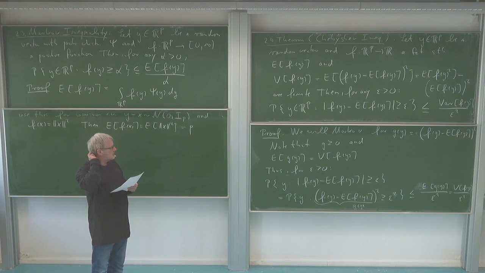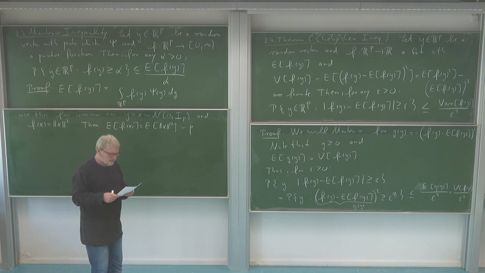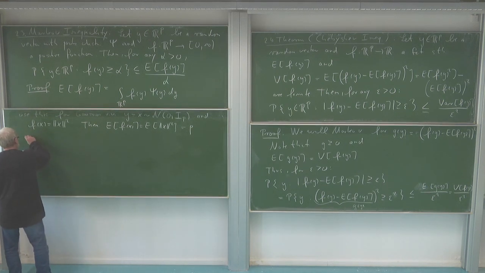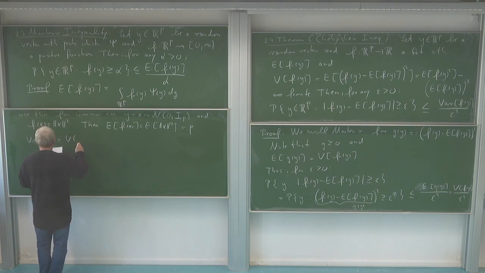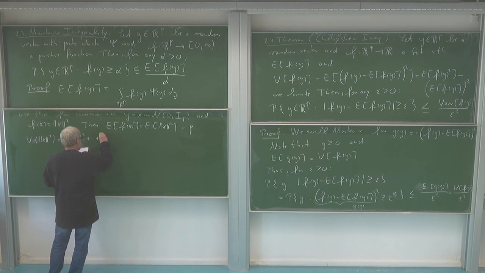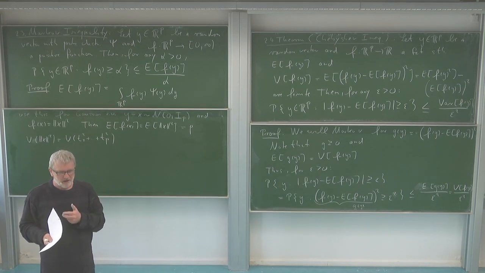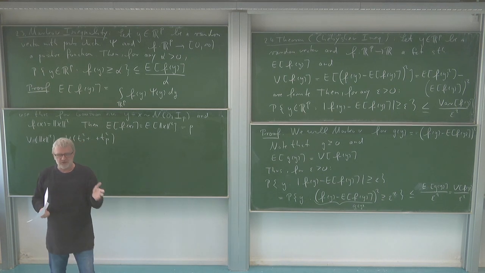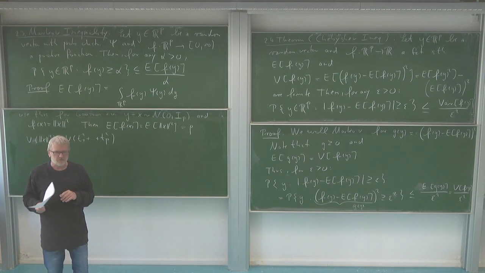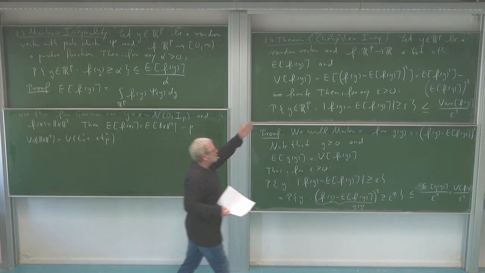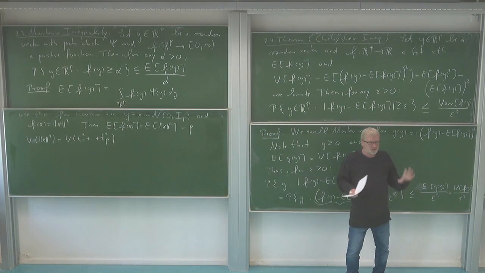So the expectation of this is p, and we want to compare what this is. Okay, and we can use Chebyshev if we can calculate the variance of this guy. So the variance of the norm of x squared. This is as before the variance of the sum of t1 squared up to tp squared. Now we can use the fact that the coordinates are independent, and the variance of a sum of variables is the sum of the variances. You can also check this directly more or less by using basic properties of independence.